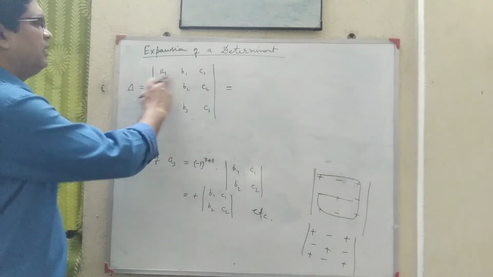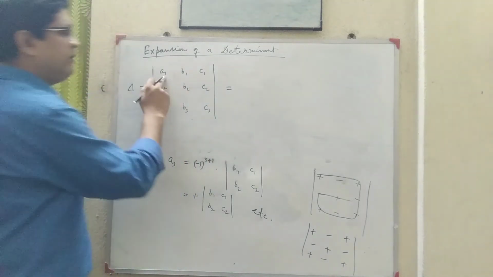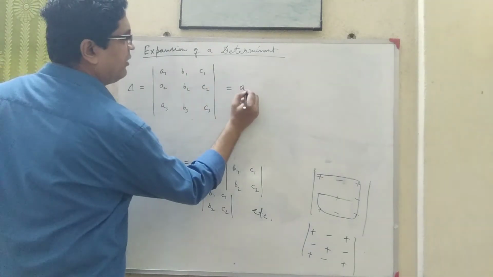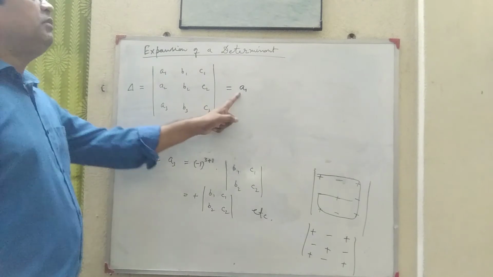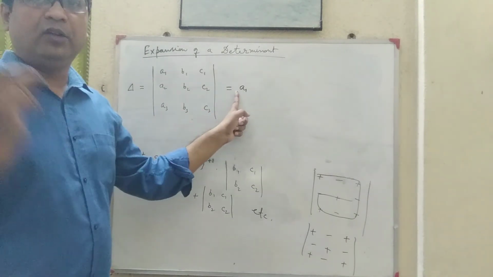Suppose we consider the first row. Then the first element is A1, so A1 into, you have to multiply with the corresponding cofactor of A1.